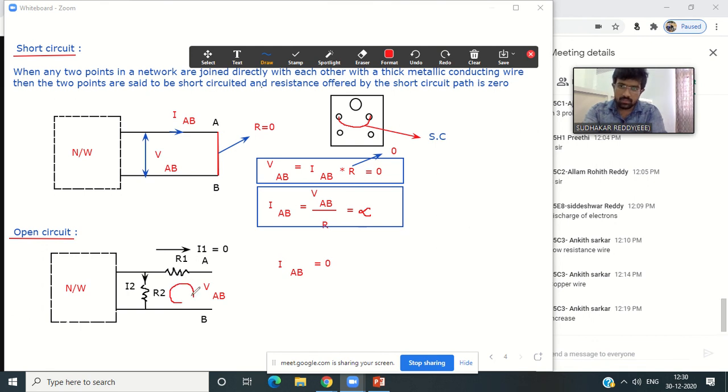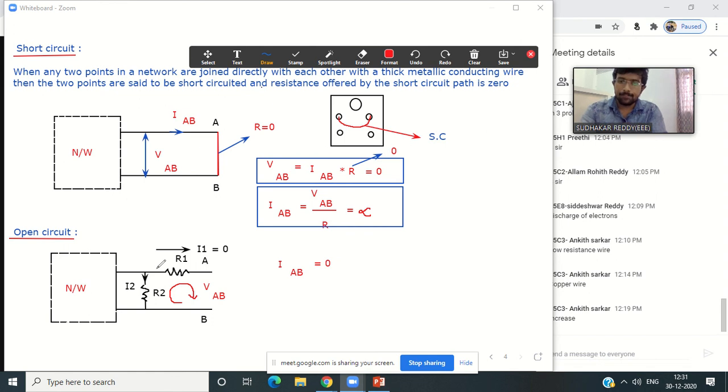Consider clockwise direction. How to apply KVL? First, we need to indicate the polarities, right? I consider the current passing through this resistor as I2. It's not an open circuit, right? Now, what is the polarity here? Observe the current direction: the I2 current passes through the resistor in a downward direction.